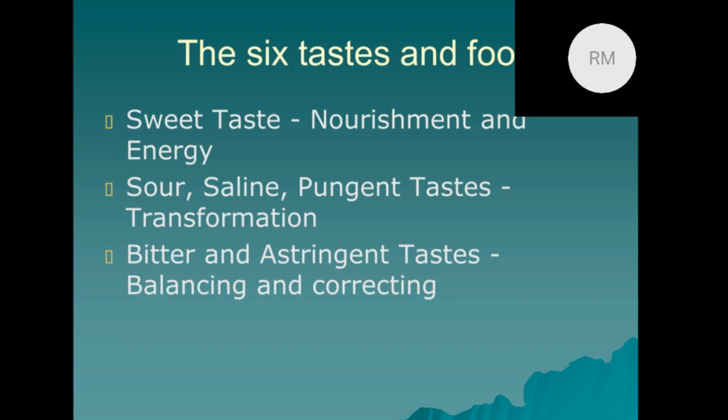The sweet tastes usually are substances which are carbohydrates, fats and proteins, and sour, saline and pungent tastes are the food additives. These are the spices without the help of which the food cannot get completely transformed. And the bitter and astringent tastes balance and correct the transformation of the food and ensure that it is properly digested and eliminated from the body. So this is how the tastes are applied in dietetics.